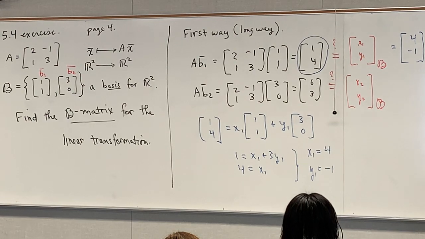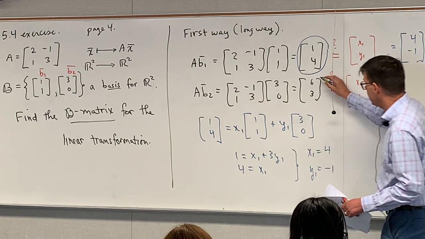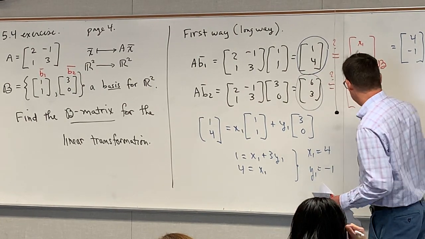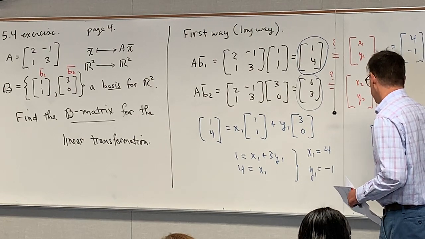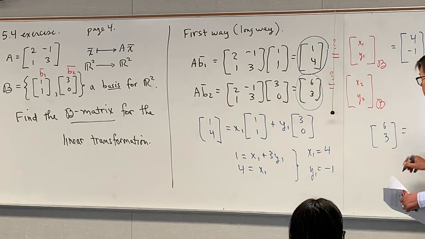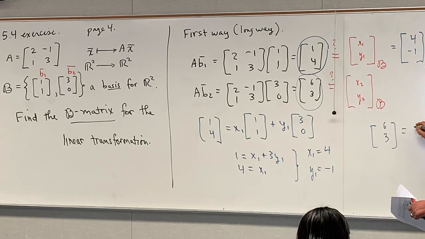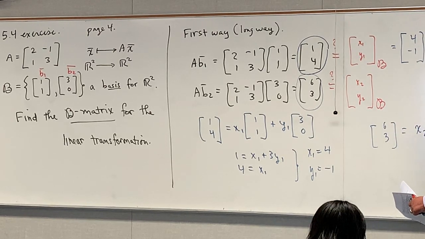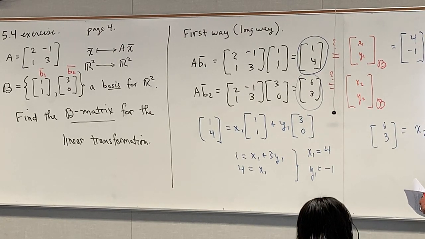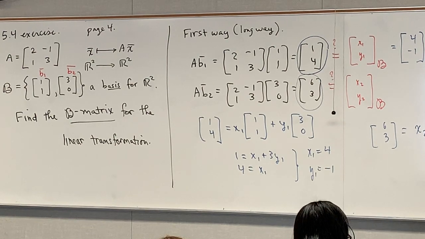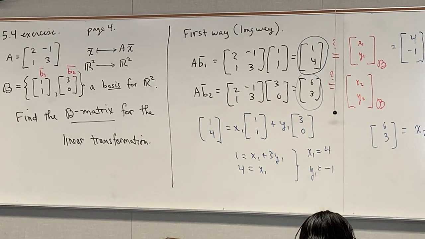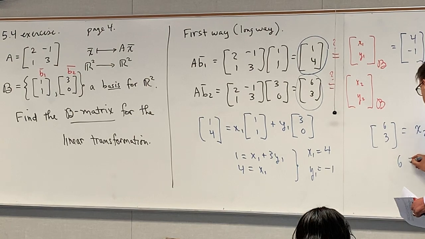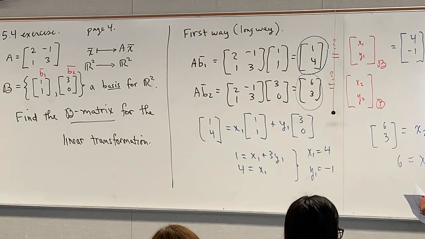And we can do the same thing with the 6, 3. So 6, 3 has to be equal to, if I use this notation, x2 times the 1, 1 vector plus y2 times 3, 0. And that gives me a little system again.